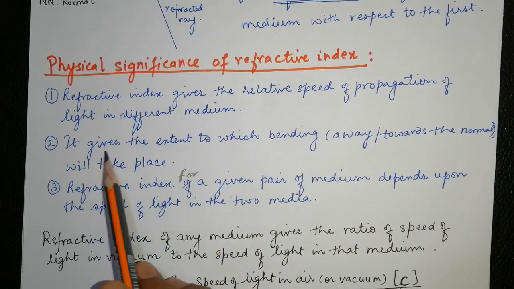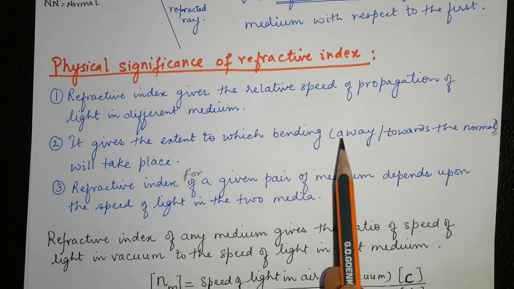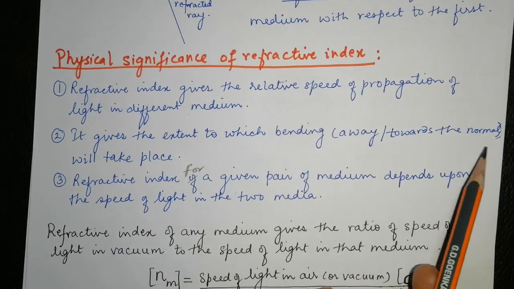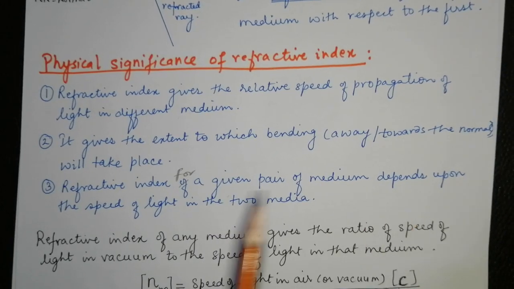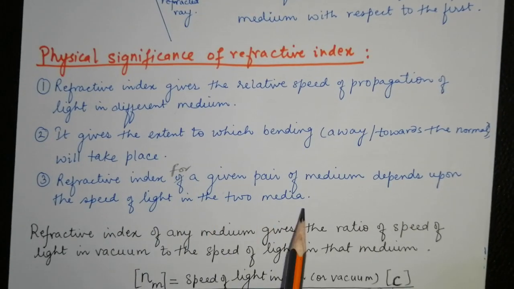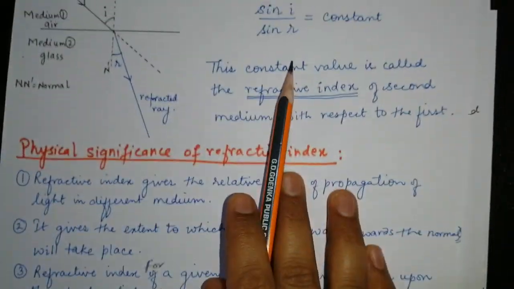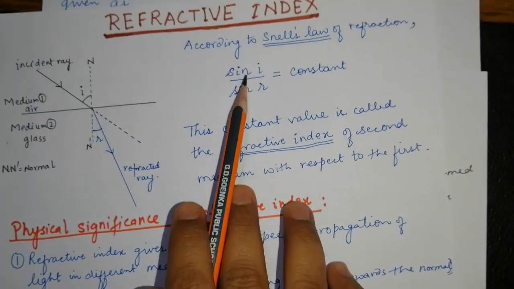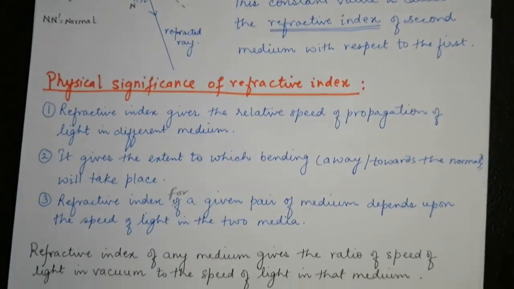That is, it gives the extent to which the bending will happen, whether away from the normal or towards the normal. Refractive index for a given pair of mediums depends upon the speed of light in the two mediums. So this ratio is giving you the ratio of the speeds of light in the mediums.